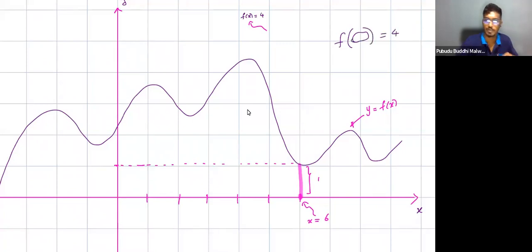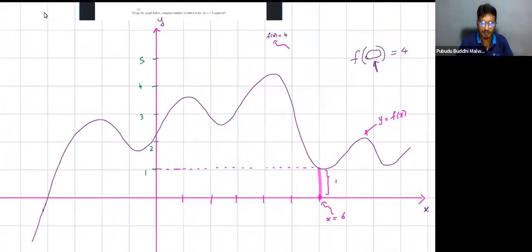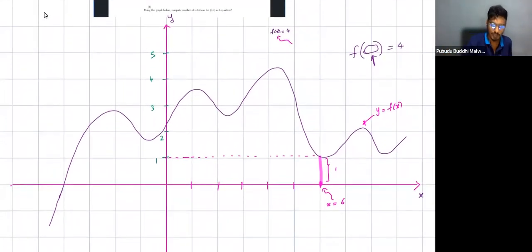We need those values. Clearly at this point y equals 1, 2, 3, 4, 5. So we need this height, y equals 4. That's the most important part.